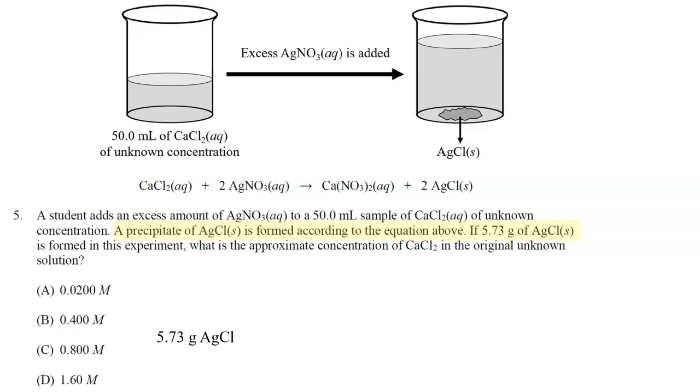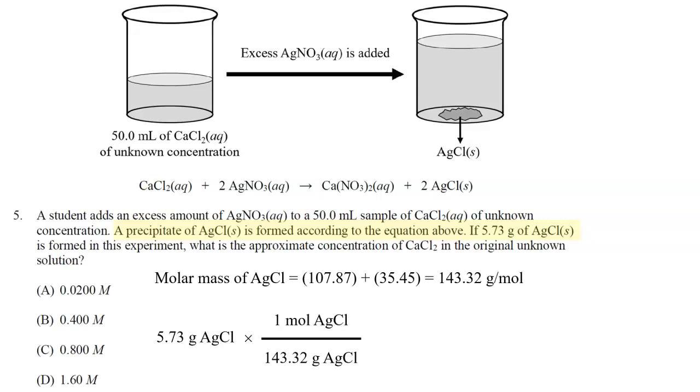convert that into moles. So using the information on the periodic table, the molar mass of silver chloride is 143.32 grams per mole. So we'll convert grams of silver chloride into moles of silver chloride. Now we're trying to determine the concentration of calcium chloride in the original unknown solution, so let's use the coefficients from the balanced chemical equation to convert moles of silver chloride into moles of calcium chloride.